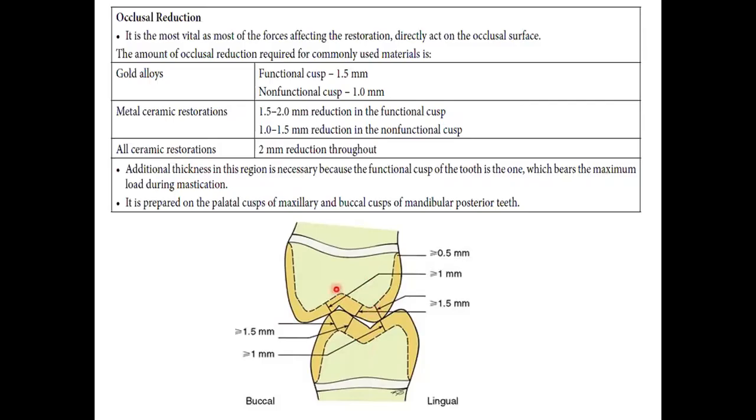So both the maxillary palatal and mandibular buccal cusps, which are your stamp cusps or functional cusps, will bear or transfer the maximum load during mastication. So it is ideal to give more tooth reduction in both these cuspal regions, mainly for the structural integrity of your prepared crown.